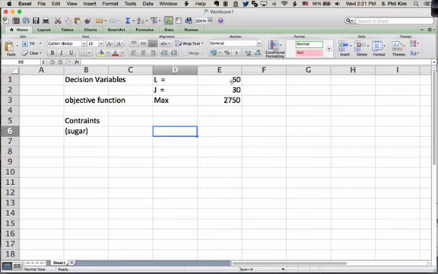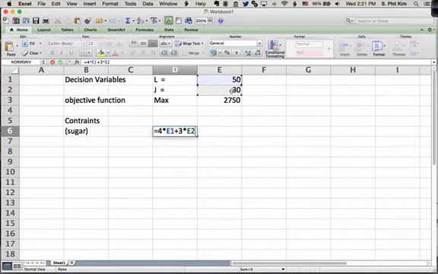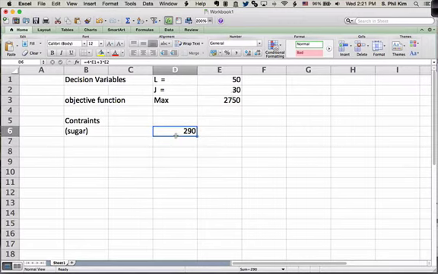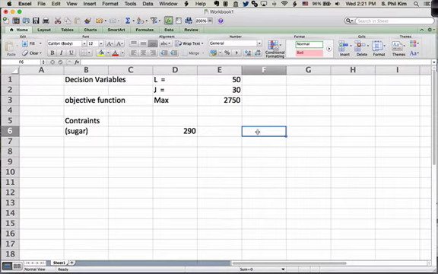So if you decide lollipop 50, then it will require 4 cups times 50 plus 3 cups times 30, right? This is the total required sugar. And this has to be less than or equal to 60 because you have only 60 cups, right?